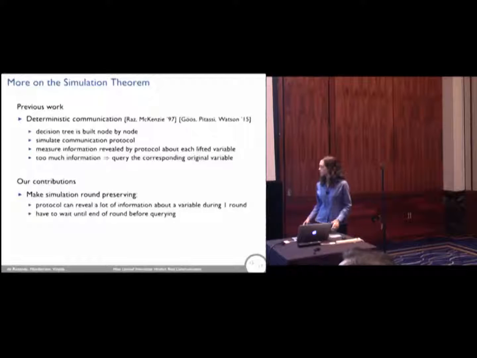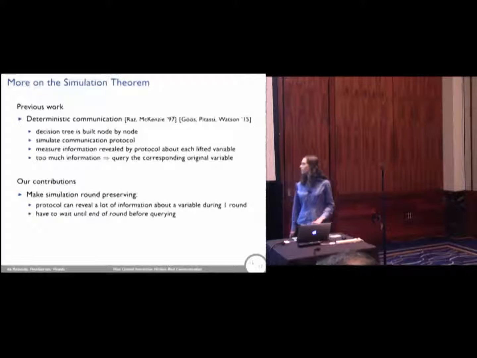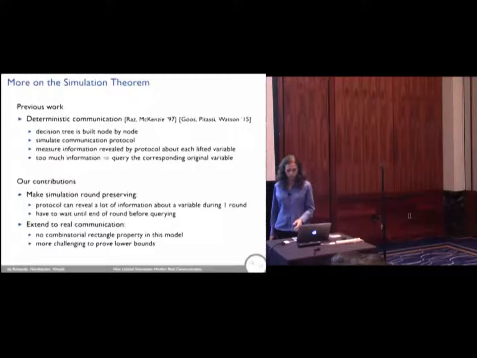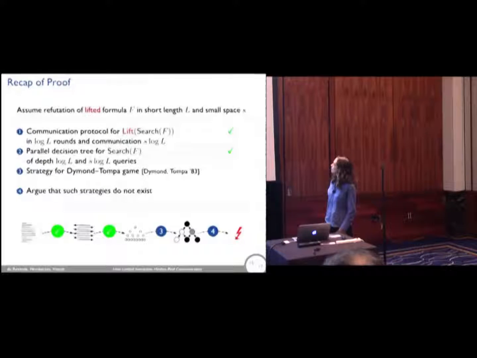We have to wait until the end of the round because we want to do this in a round preserving manner. So this is an extra challenge. And the other one is that we extend this to real communication. And in this model, we do not have combinatorial or rectangle properties. So this makes it harder to prove lower bounds.